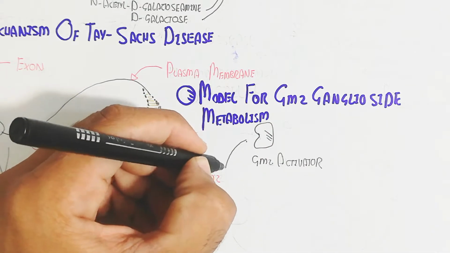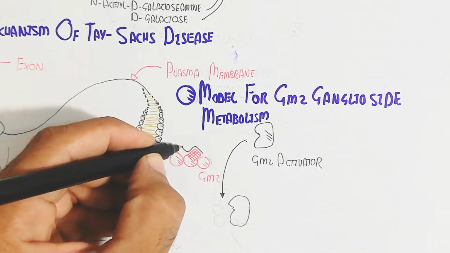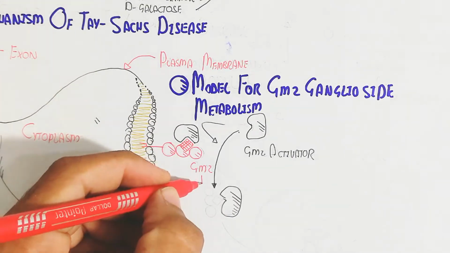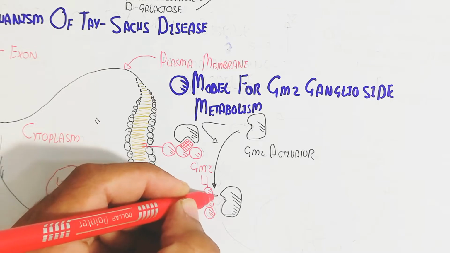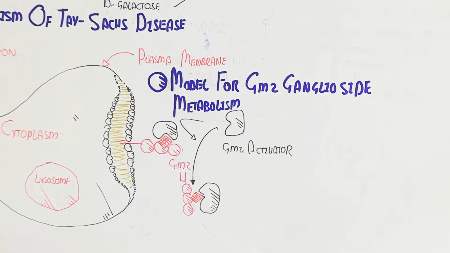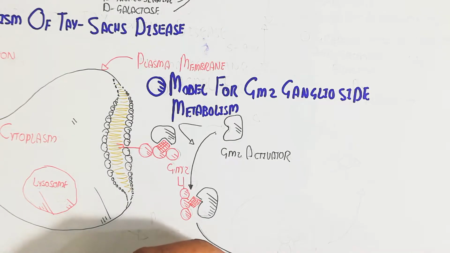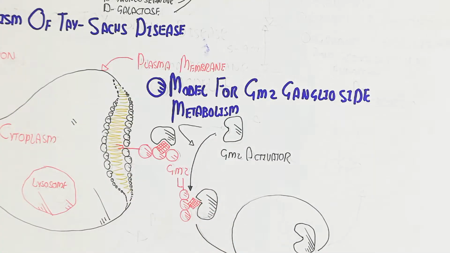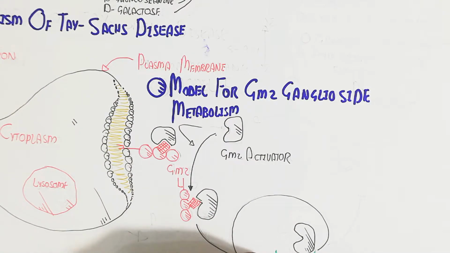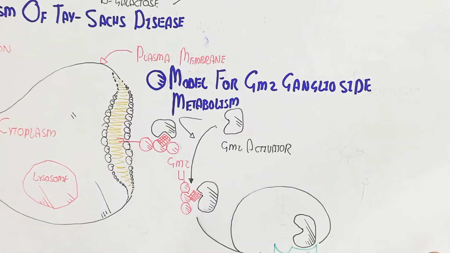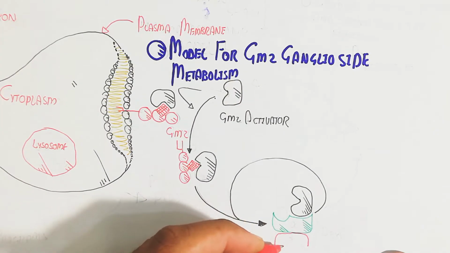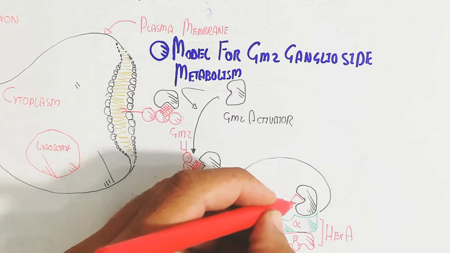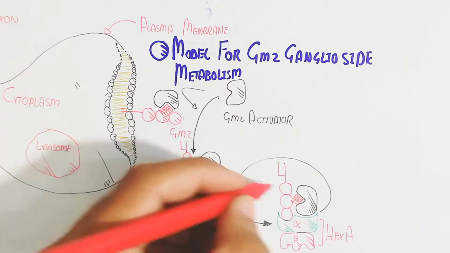During excess, the GM2 activator comes in, and beta-hexosaminidase A, expressed through genes, attaches. The GM2 is taken up by this enzyme and degraded. The alpha and beta subunits of hexosaminidase bind and cleave the GM2.